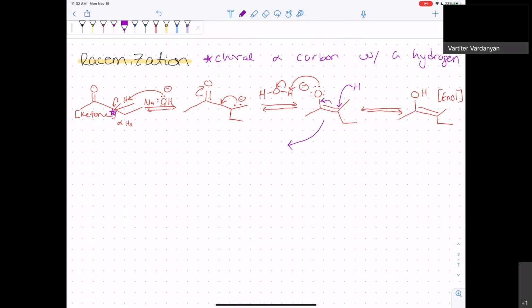That back. So now we would get this again. But when we attack something that has a chiral center, we have to pay attention to stereochemistry. Would this add wedged or would it add dashed?